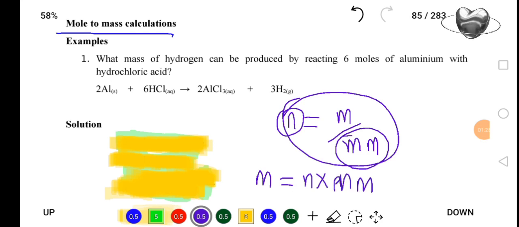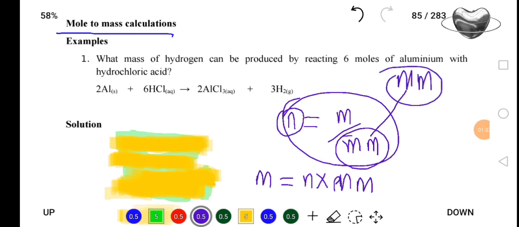So it's very important again, my dear learners, that you recall how we calculate the molar mass of the given substance. You can go back and watch my videos on how we calculate the molar mass. Definitely, we are not going to waste time here because the concept is just that simple.